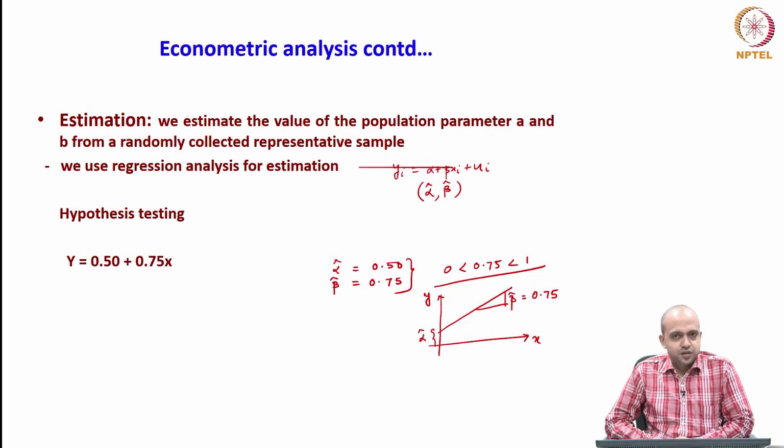But statisticians and econometricians give some kind of caution to draw that type of inference immediately after estimating the model. Why is this so? Because you have drawn only one sample from your population, and in that sample your beta hat value is 0.75.